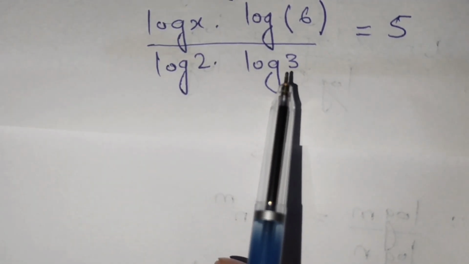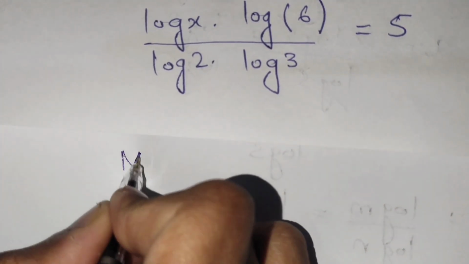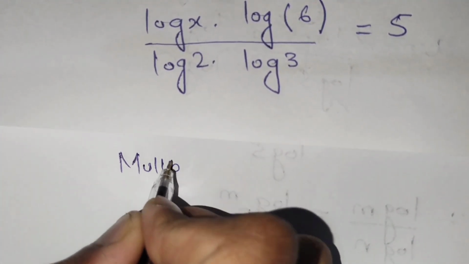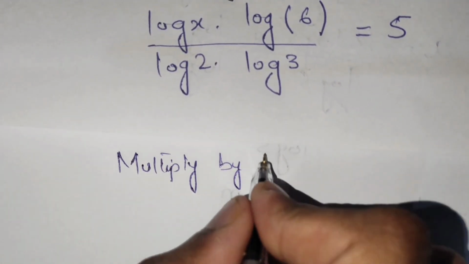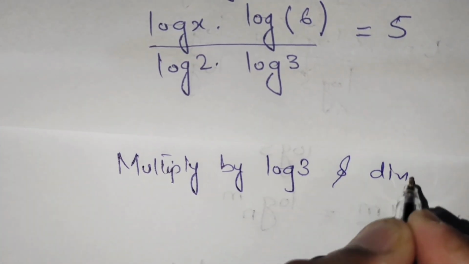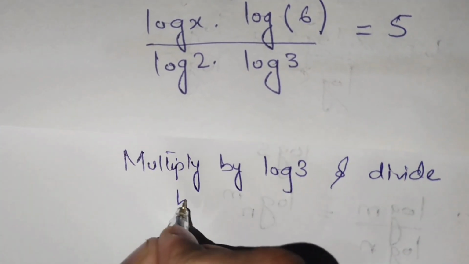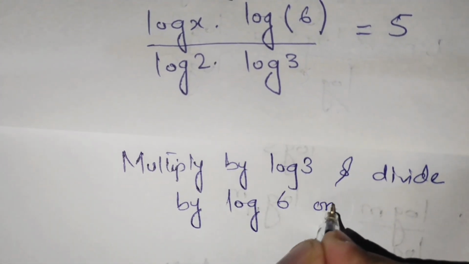Now multiply by log of 3 and divide by log of 6 on both sides.